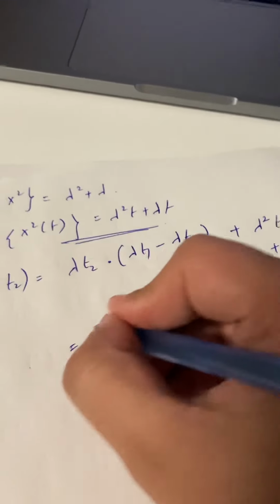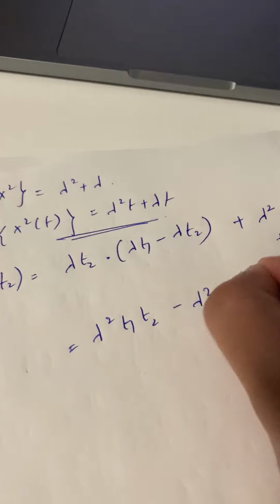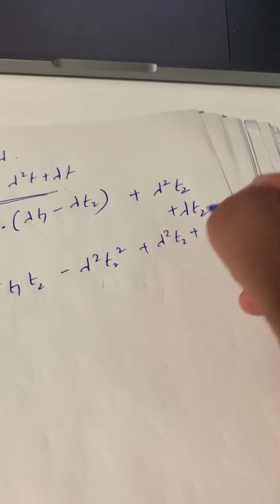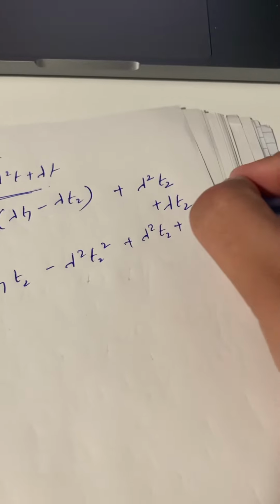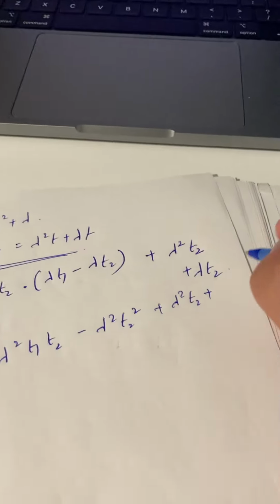So now simplify it: lambda square t1 t2 minus lambda square t2 square plus lambda square t2 square plus lambda t2.